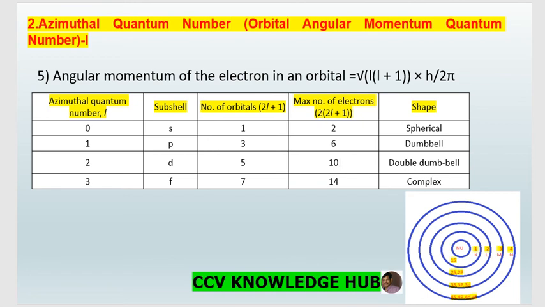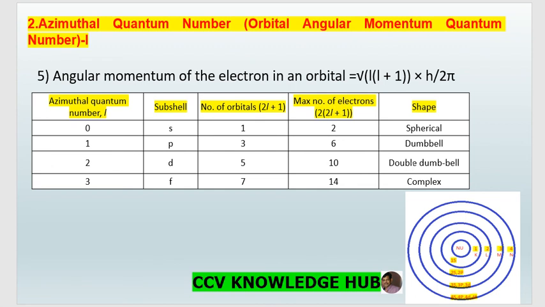Otherwise you can substitute in the 2 into 2l plus 1 formula. Here L value equal to 2, so 2 into 2 is 4, 4 plus 1 is 5, 5 into 2 is 10. Like this you can calculate.